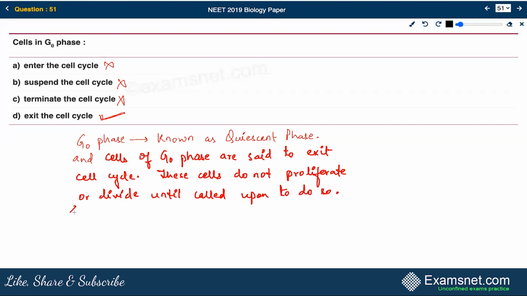Like, for example, heart cells, and then there are neuron cells, or neural cells. These are the cells that permanently reside in the G0 phase only. They do not enter into the cell cycle process. All right, so option D is the correct answer.